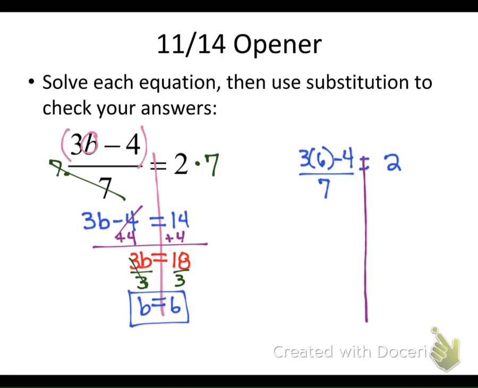Now, I don't have to simplify both sides of my equation because the right side is just a 2. But I do need to simplify my left side. Order of operations the correct way, PEMDAS. So I'm going to do the parentheses first. Now, remember, the parentheses does not mean multiplication. Okay? The parentheses first would basically be the top part of this division problem.